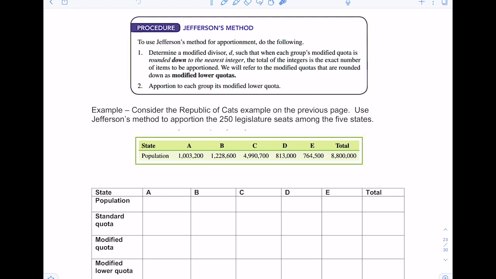So if you'll recall, using Hamilton's method from the last problem, we found, or you should have found, the standard divisor should have equaled 35,200, okay? So what we're going to do is we're going to round down to the nearest integer for Jefferson's method.